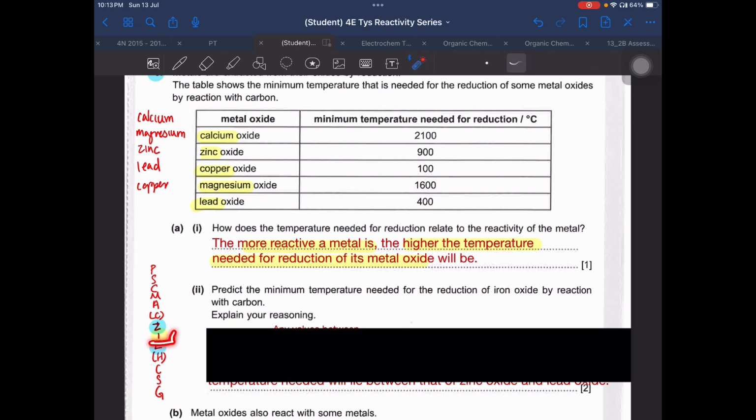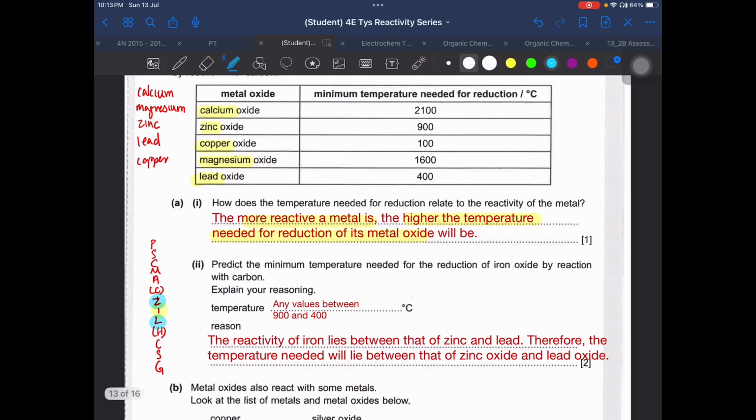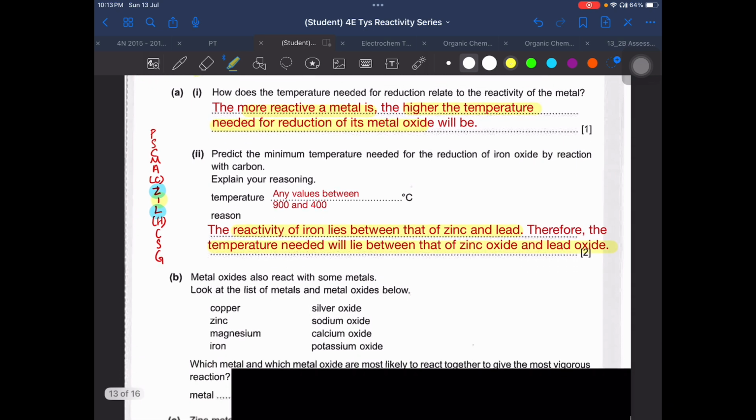Since iron is in between the two, therefore we should be thinking about the temperature being in between 900 and that of 400. Right, so any value within that will be fine, and in terms of the explanation, we will compare the reactivity of iron, saying that we know that it's in between that of zinc and lead, then linking this back to the fact that the temperature will actually be between that of zinc oxide and lead oxide. Okay, next question for part B.